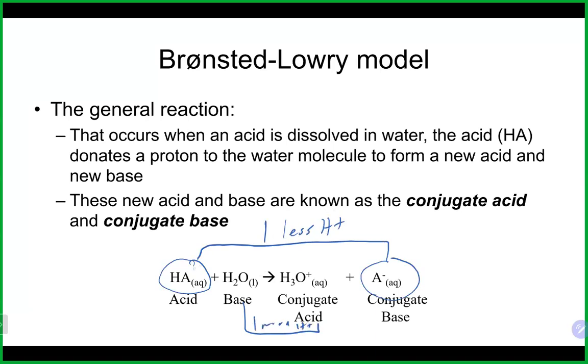In this case, it's going to be this guy sending that H plus over to the water. When the water, again, in this case, accepts the H plus, it gets an extra hydrogen and also a positive charge because of that plus charge that's coming in. When we look at the HA, when it loses the hydrogen, it's left with an A. And when you lose a positive charge, you become 1 more negative. You lost a proton, so you become 1 more negative, and that's how come it ends up at A minus.